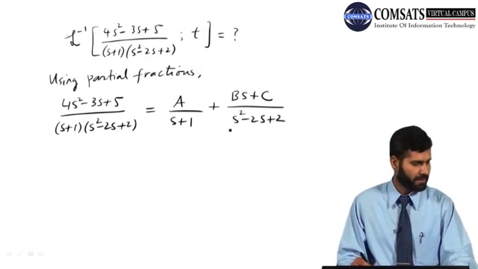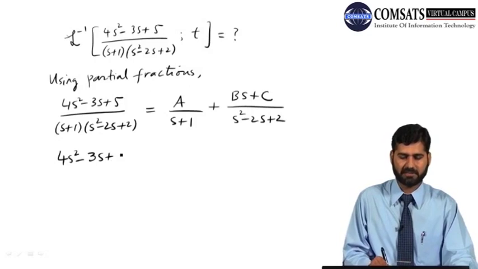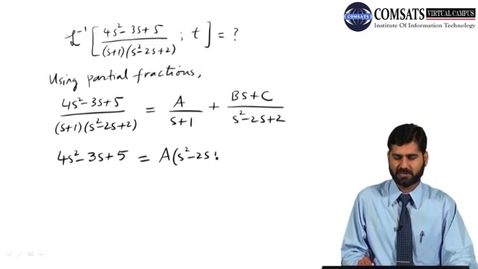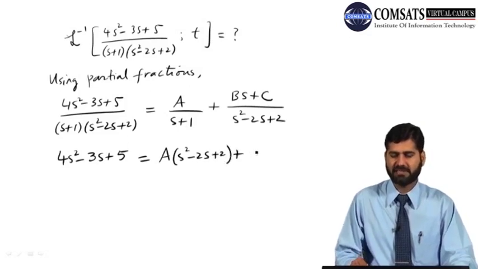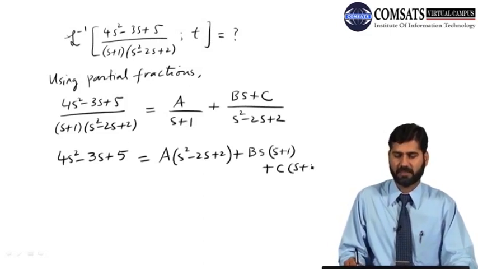All right? And then we multiply by this whole denominator. You get 4s square minus 3s plus 5 is equal to A multiplied by s square minus 2s plus 2, and Bs plus C multiplied by s plus 1.